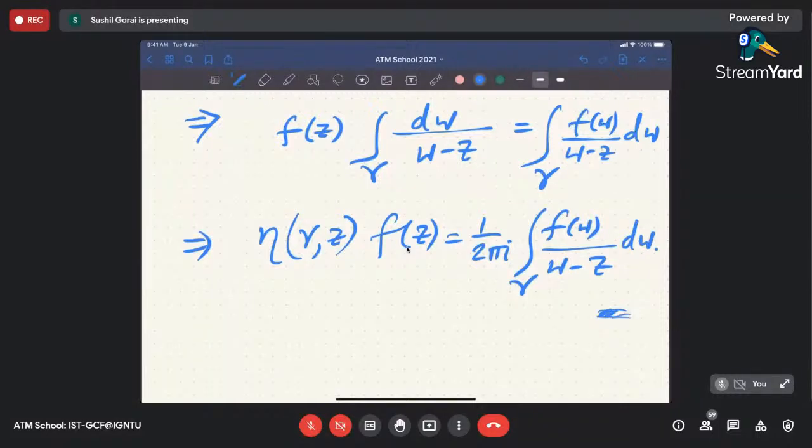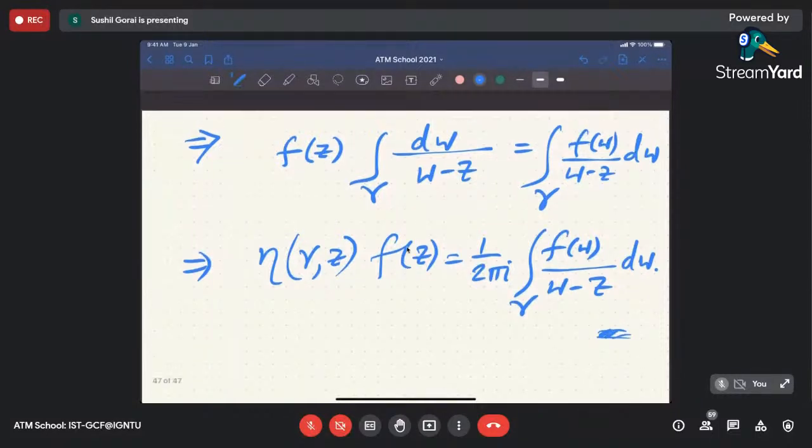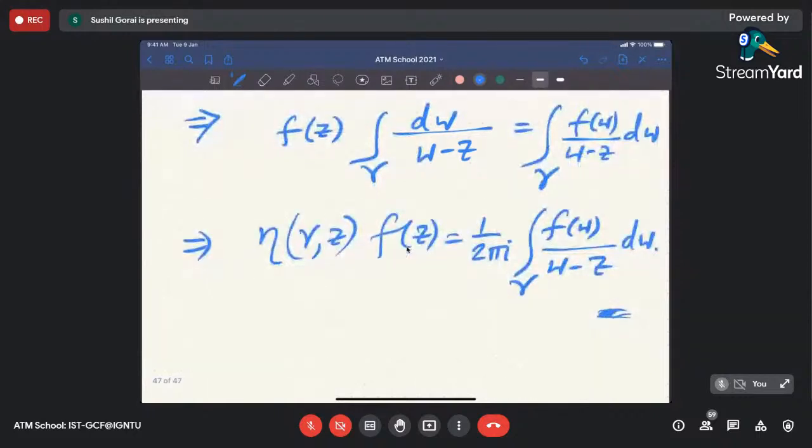Now this can be used to prove that any holomorphic function has a power series representation. Once you have power series, and you have the Cauchy-Riemann equations, the limit of the quotient as h tends to 0, and the Cauchy integral formula, all the things are equivalent.